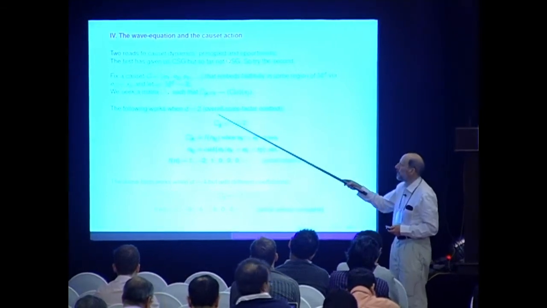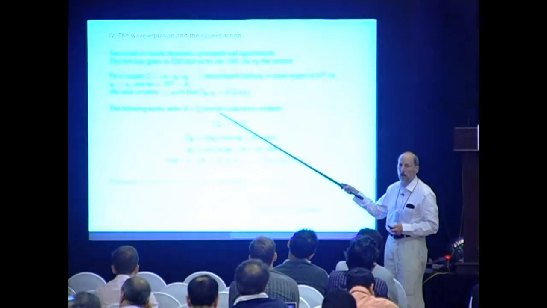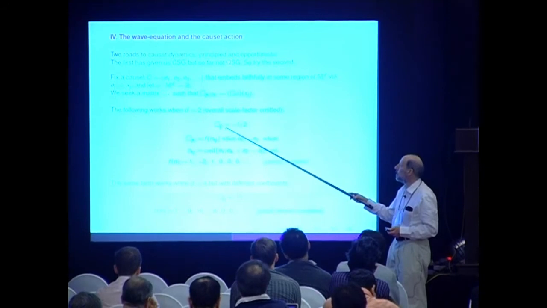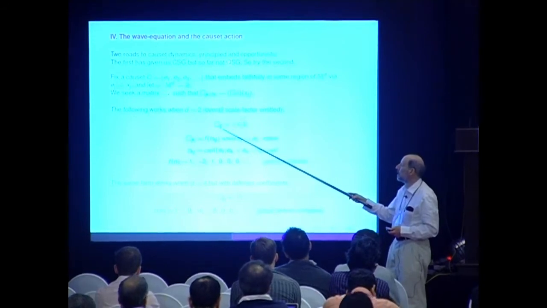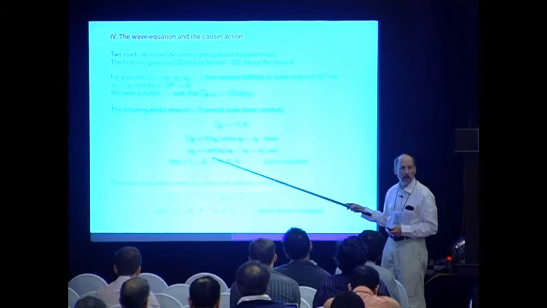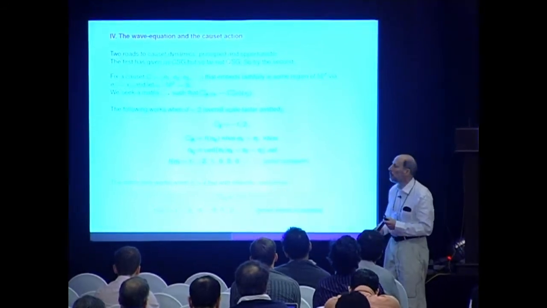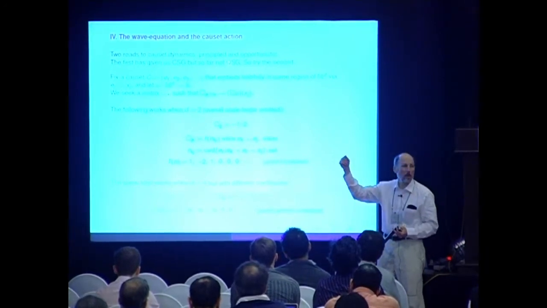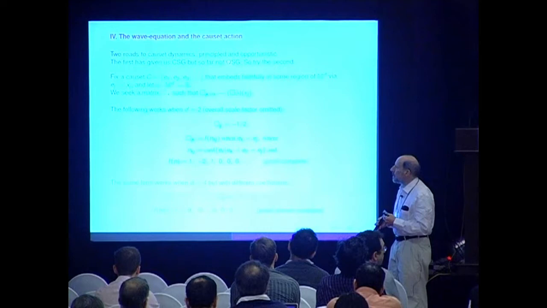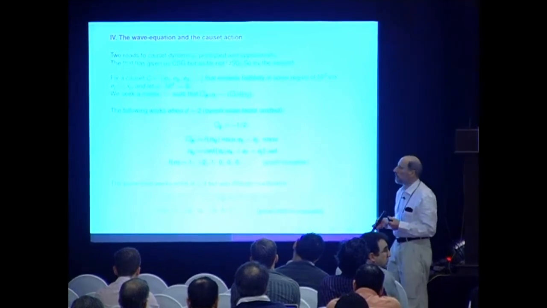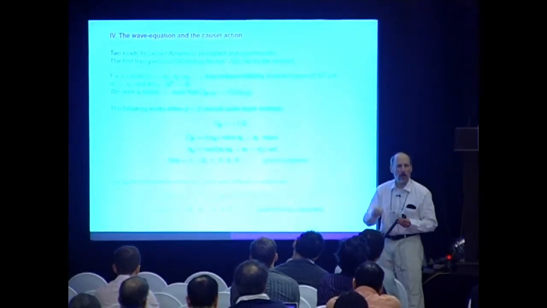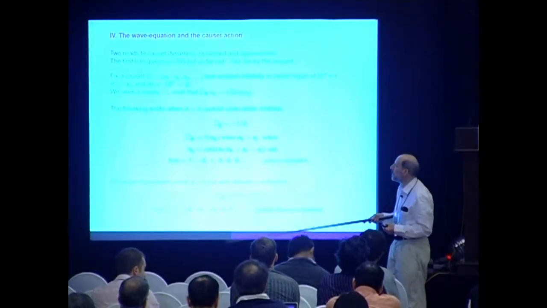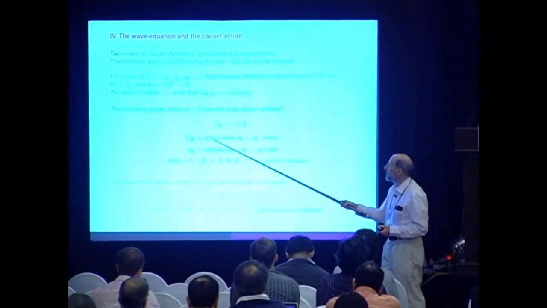And here's the simplest version of how the matrix looks, appropriate to 1 plus 1 dimensional Minkowski space. Up to some overall scale factor that I've omitted, it has a minus 1/2 on the diagonal, and the off-diagonal elements, which refer to two elements of the causal set, depend only on the number of causal set elements causally between the two elements to which the matrix element refers, according to this function.